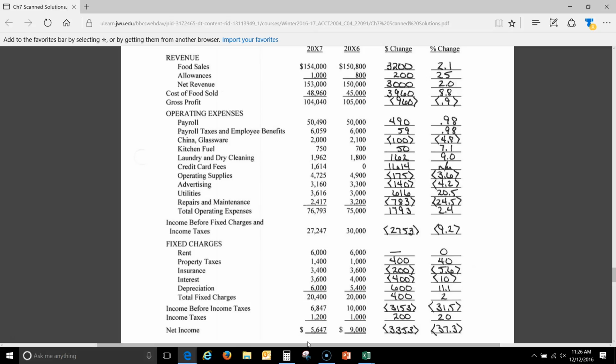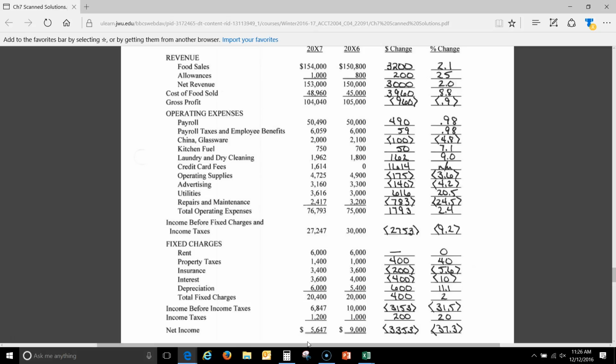Okay? To get the feel for this, you have to stop and think. One, within the current year, is it correct? Things like the 2.1% increase in food sales should have only increased our cost of food sold by somewhere around 2.1%. So within the current year, was it good or bad?